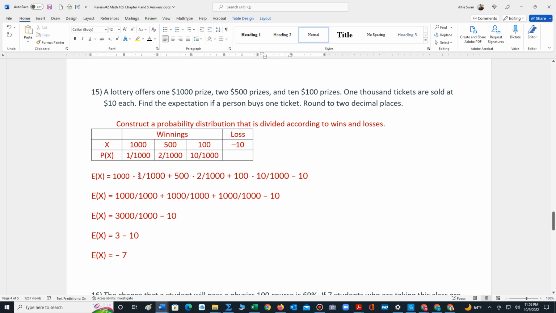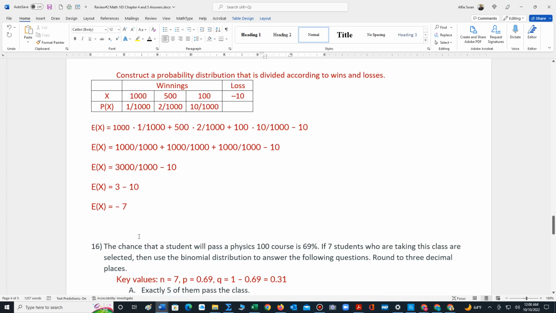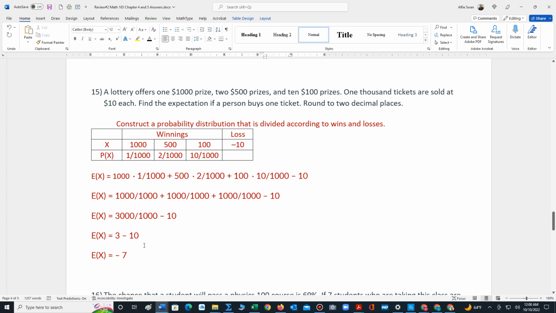So 1,000 times 1 is 1,000 over 1,000, 500 times 2, 1,000 over 1,000, 100 times 10, 1,000 over 1,000. Add up these values, it's 3,000 divided by 1,000, which is 3. 3 minus 10 is negative 7. So on average, a person who plays this game is expected to lose around $7.